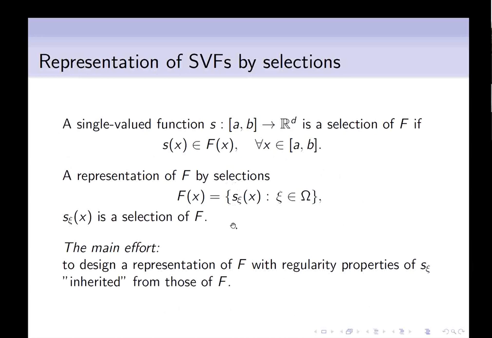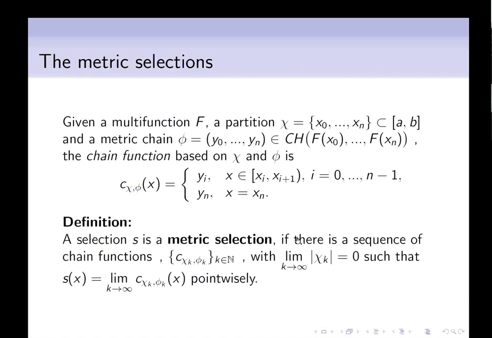As I said, the main challenge is that we want to construct such a representation that these selections inherit the regularity properties from F. And here is our construction. Again, we use the tool of metric chains. We are given F, here is a partition, and here is a metric chain. First, we construct piecewise constant multifunctions, which we call chain functions.